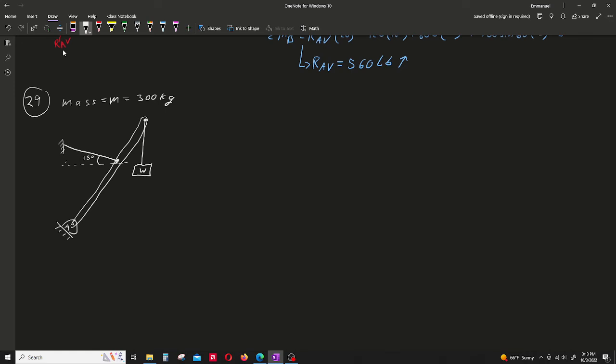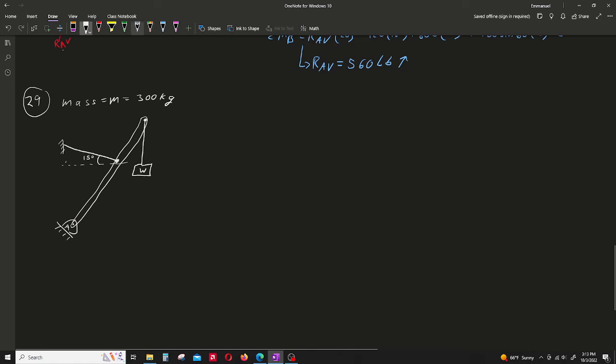I can't really tell if A is a roller or a pin. A kind of looks like a roller just because it's a circle, but it might be a pin. I think I'm going to take A as a pin. It looks more like a pin than a roller, somewhat like an arc-shaped pin or something like that.